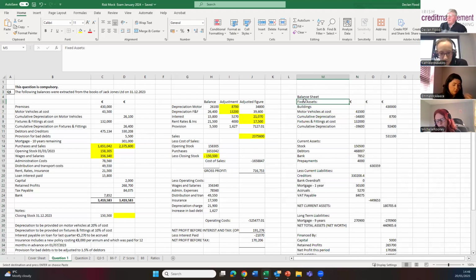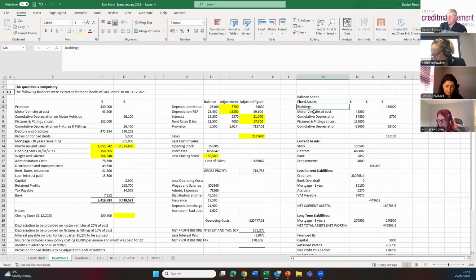The format of the balance sheet is always the same. It starts with fixed assets, or if you prefer, non-current assets, then your current assets, your current liabilities, and then your long-term liabilities. So it always goes in that order.